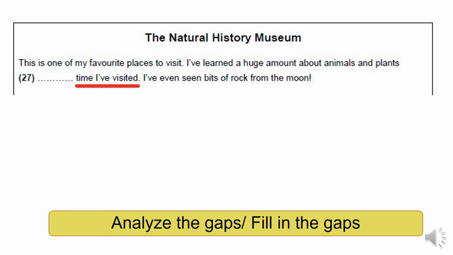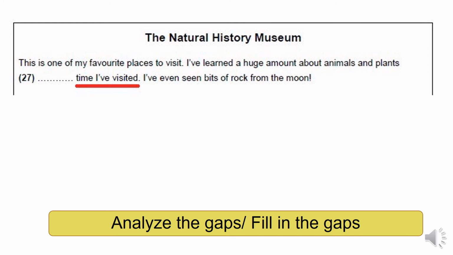In the example that you can see on the screen right now, I have underlined a few words that can be helpful. You can see that there is a verb in present perfect, I have visited, as well as the noun time. This should tell you that you need to say how often the writer has visited the museum.